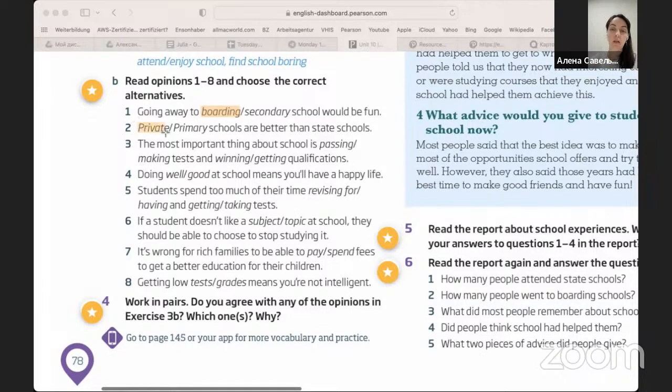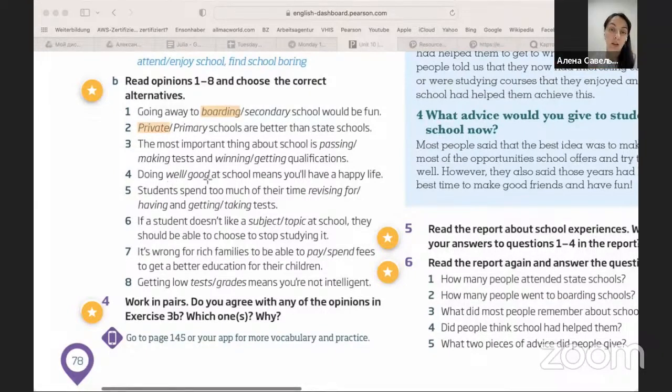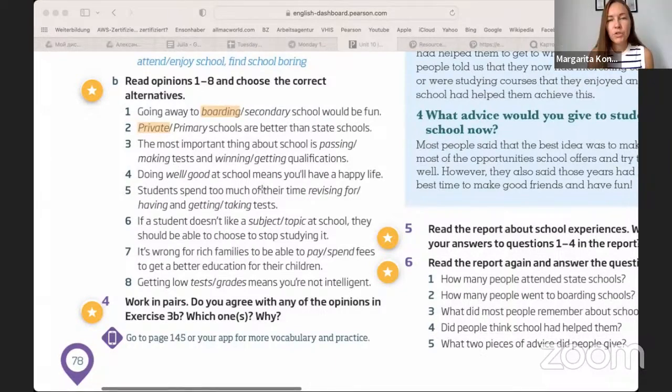Private school are better than state. Good. Most important school is making tests and getting qualification. Making tests, no. Passing, sorry. Passing tests, like tests and passing exams. Good. What's next?